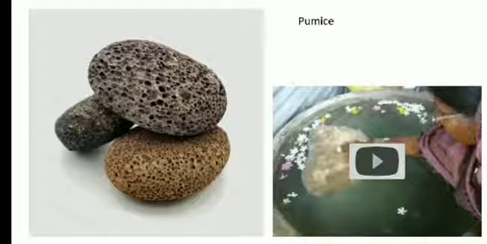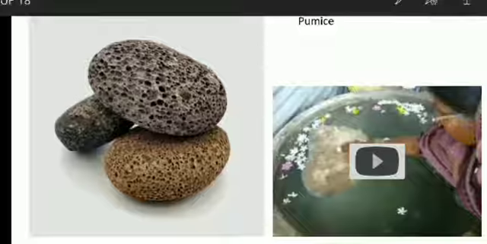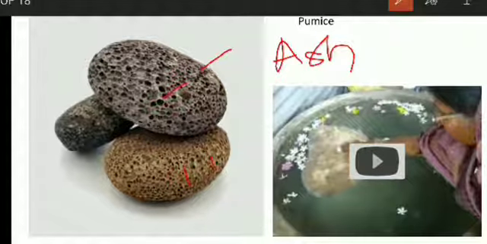Then one more interesting rock, that is pumice. So pumice is a floating rock. The rock which was used for construction of Ram Setu, right? That was nothing but pumice. So why does it float? Because it has these pores. You can see it is a very porous vesicular rock. Actually it is a rock made up of the ash which comes out after a volcanic eruption.